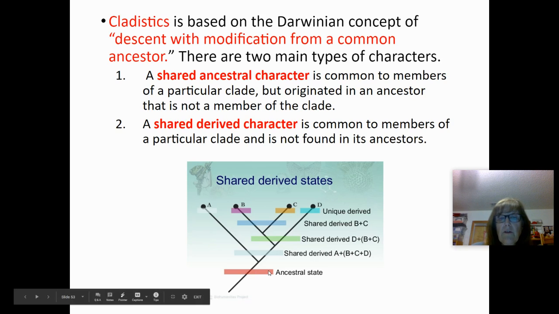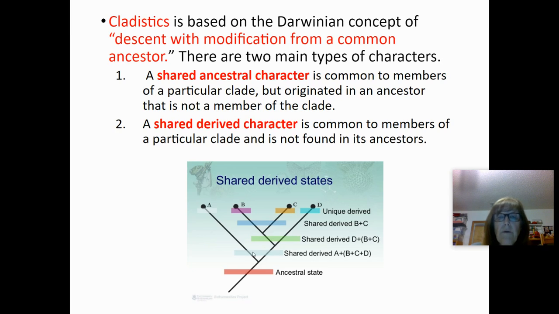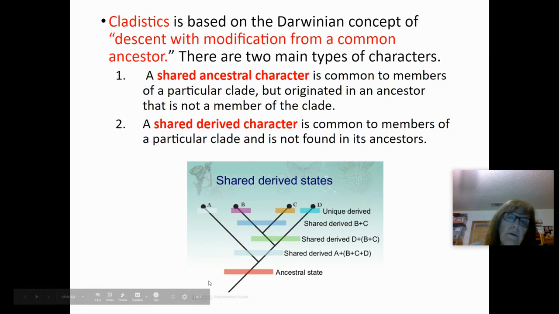So this particular ancestor did not have the trait that is shared between these two individuals. But remember, everybody after them has that trait. If we talk about this shared characteristic, nobody before them had it. Everybody to the right or above them has that trait.